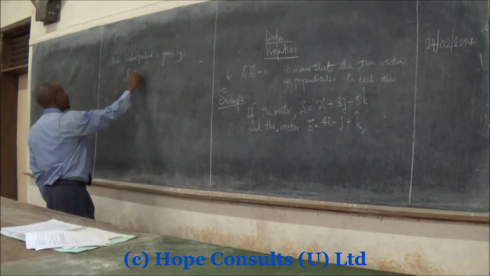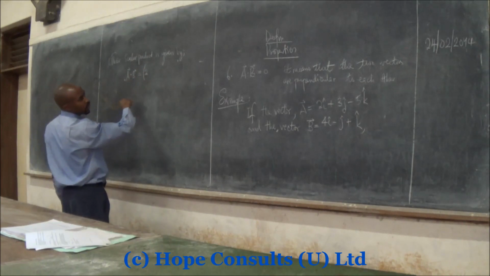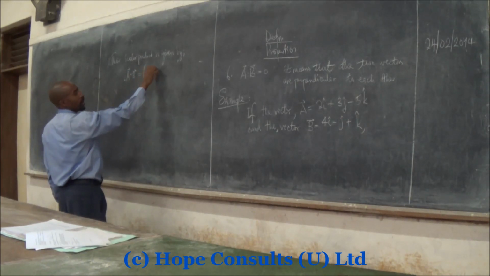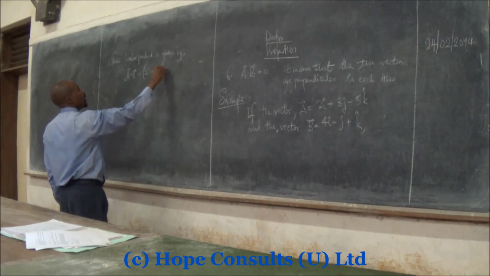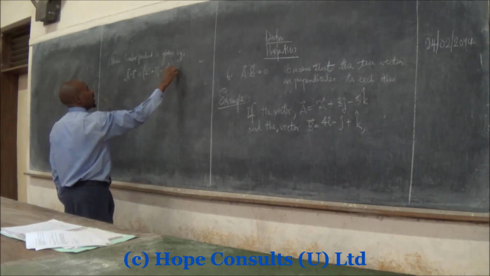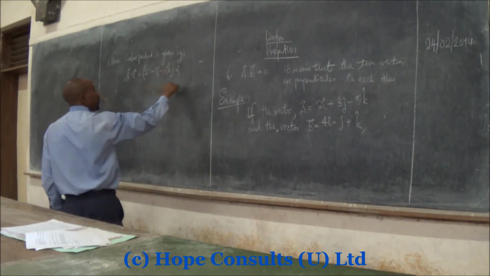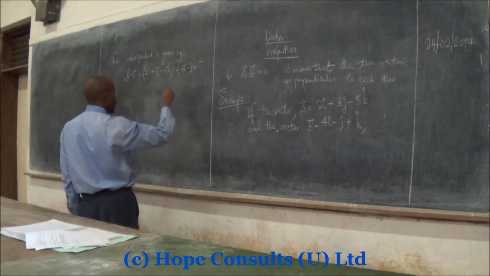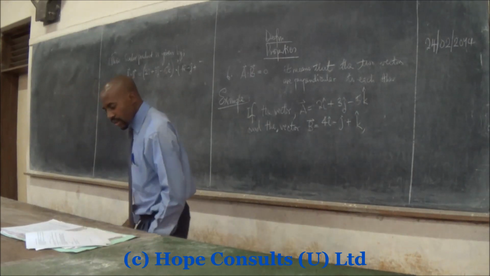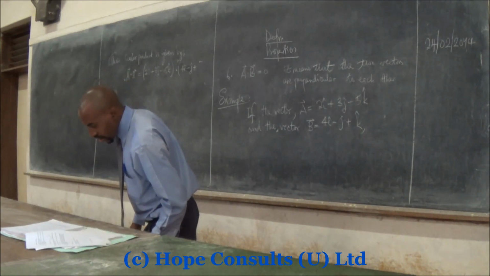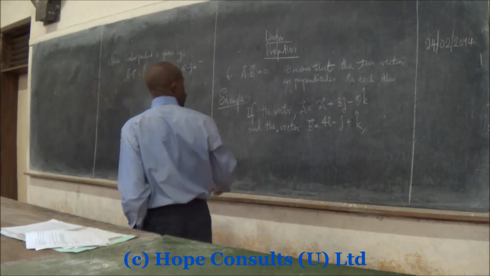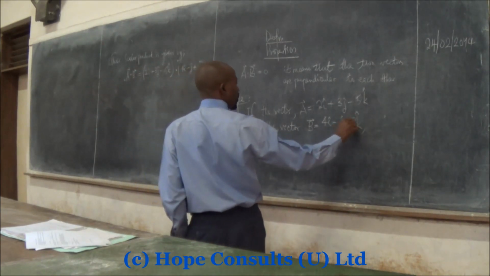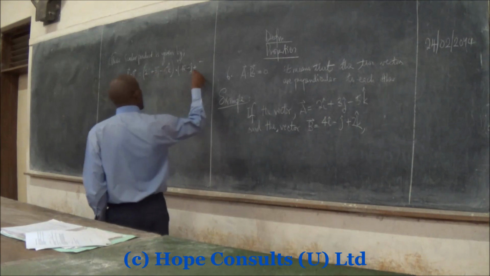So A dot B would be the same as 2i plus 3j minus 5k dotted with 4i minus j plus 2k. I think this should be 2 here, plus 2k, for consistency.